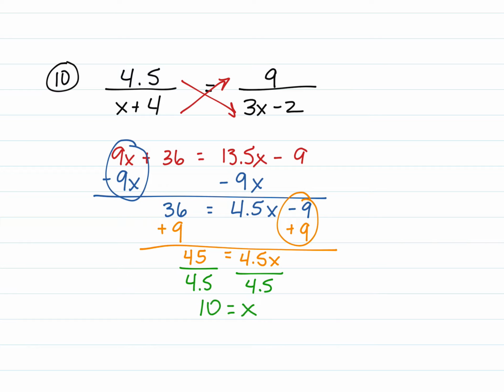But I'm not finished, so I have to go back and plug that in to figure out those new side lengths. I have x plus 4 as one side length, and 3x minus 2 as the other. I'm going to swap in the 10 that I just found, and I find out that the first side length, AC, is 14 centimeters.